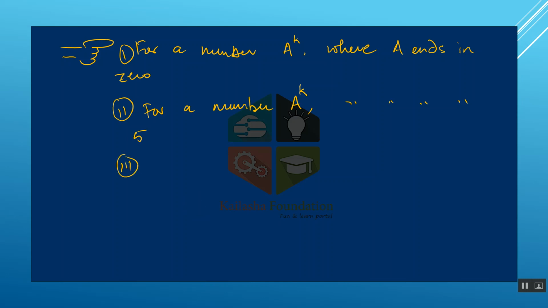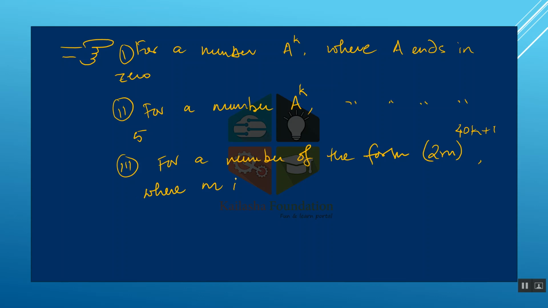And third one, for a number of the form 2m raised to the power 40k plus 1, where m is an odd natural number not ending in 5.